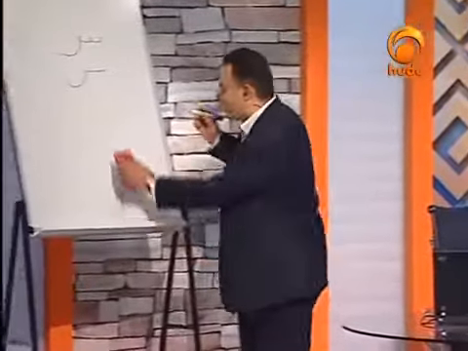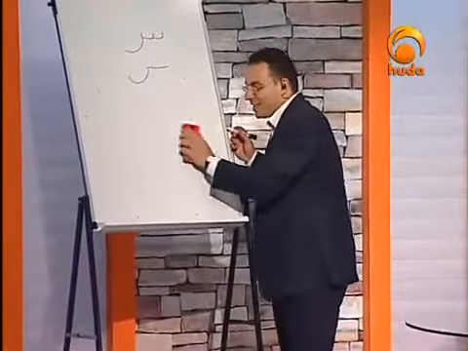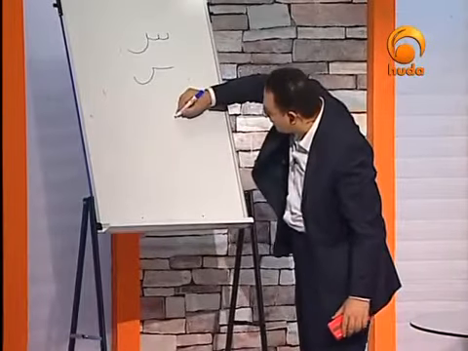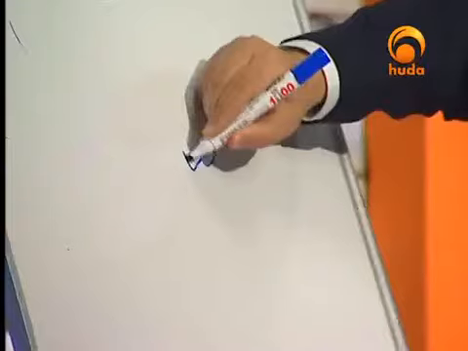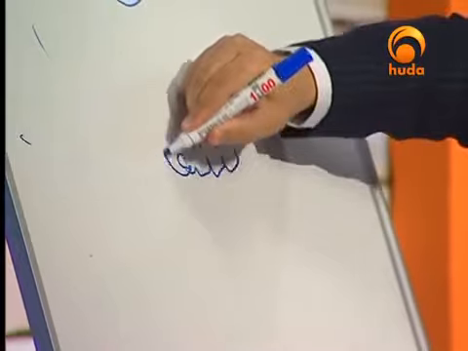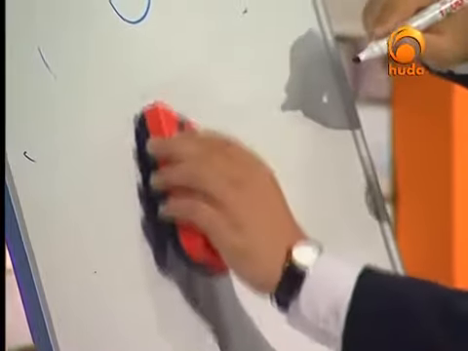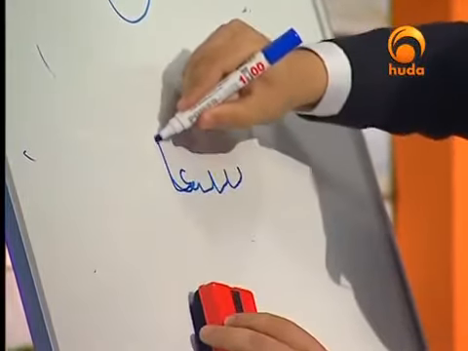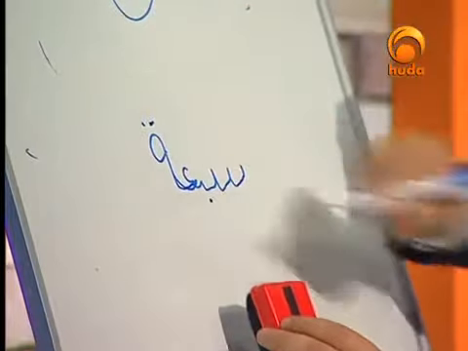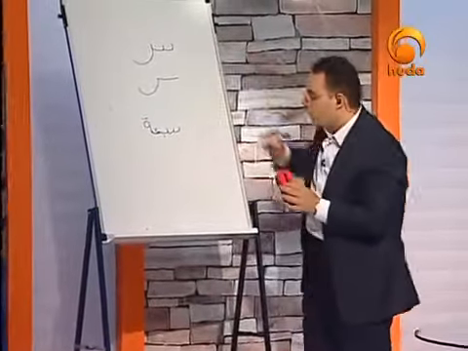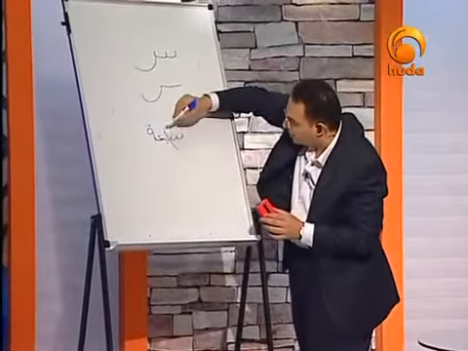Well, let me just write that here again. When it comes to the numbers, thank you very much, Osama, for that elaboration. I would say here, sab'a. Can you see that? Here is my point.